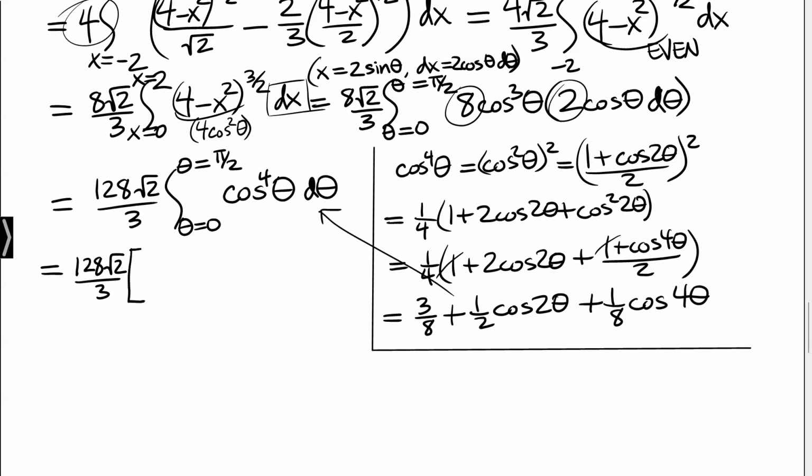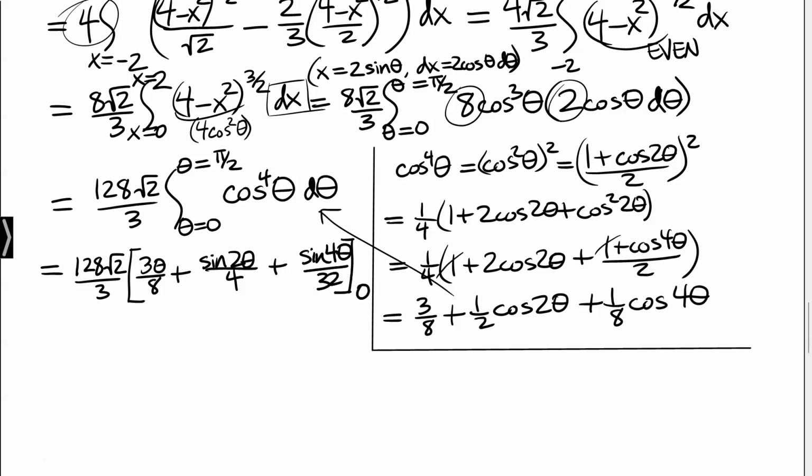It's going to integrate as 3 theta over 8 plus sine 2 theta. We pick up another factor of 2 on the bottom, so plus sine 2 theta over 4, plus, because we pick up a 4, sine 4 theta over 32.